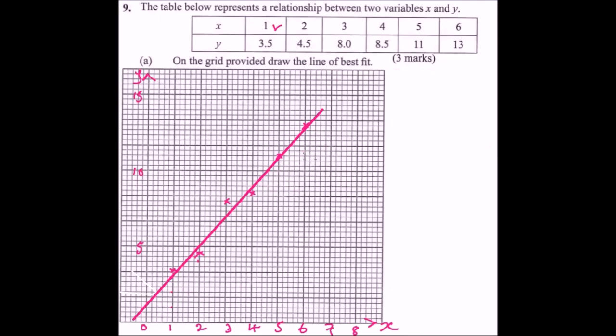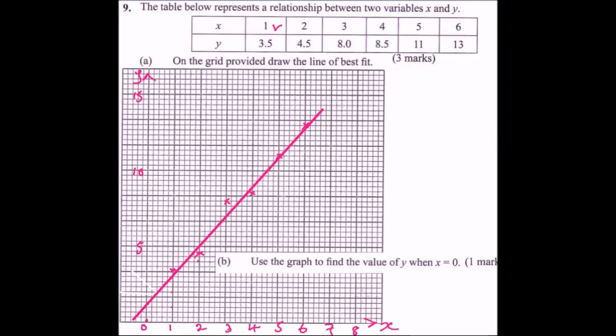From there we go to part B of the question. Use a graph to find the value of y when x is 0, and there you are awarded 1 mark. So when x is 0, the value of y is 1, because we had assigned 3 small squares to represent 1.